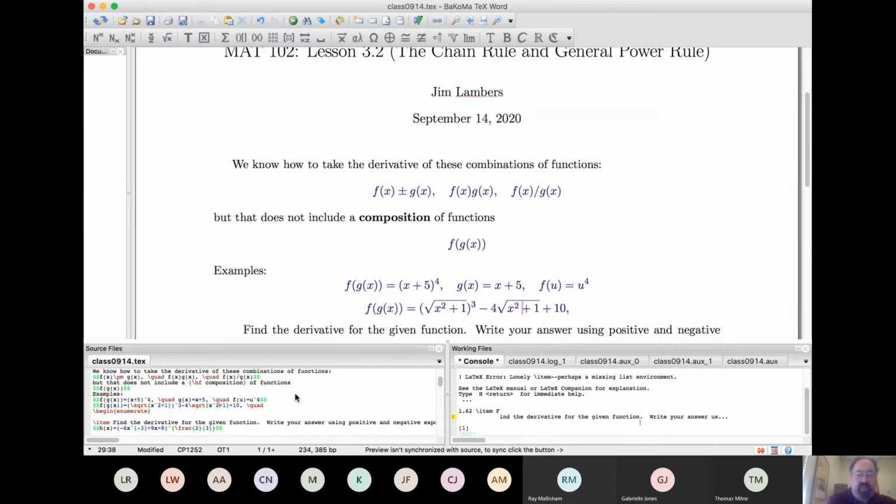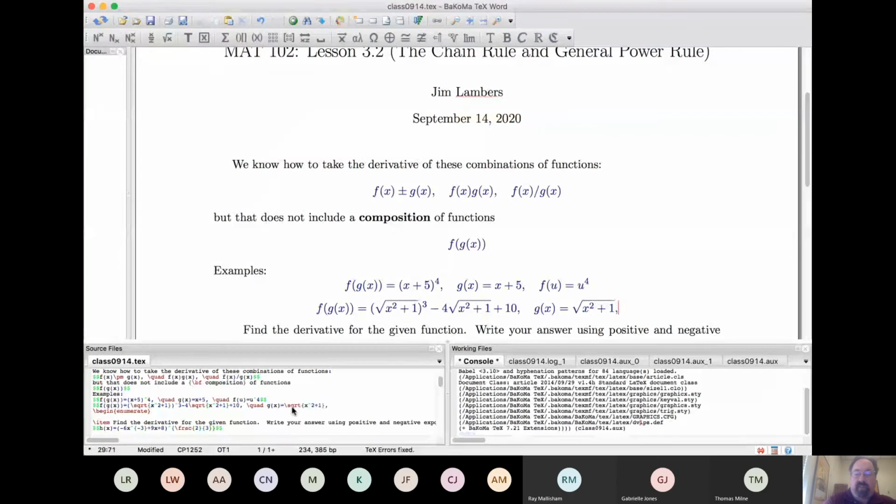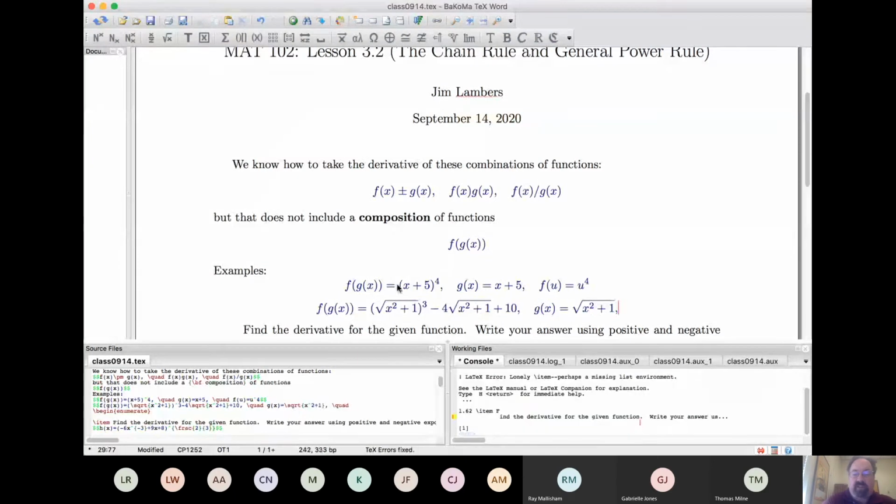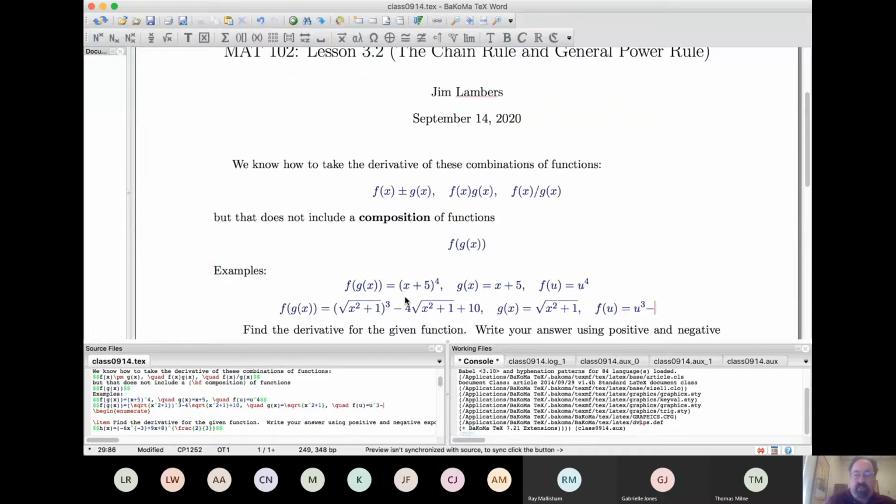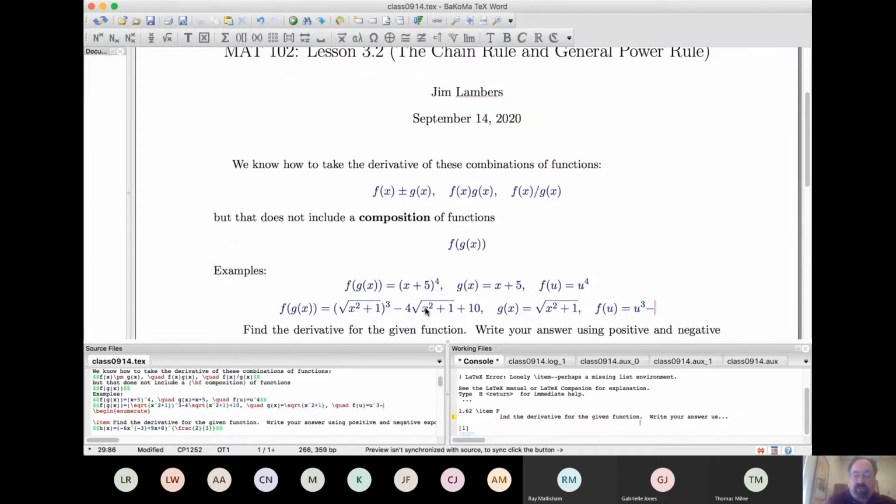In this case, the inner function is square root of x squared plus 1. The outer function, so what is done to this expression once it's evaluated? It's substituted in here and cubed, so we have u cubed, minus 4 times g of x, if it's 4u, plus 10.